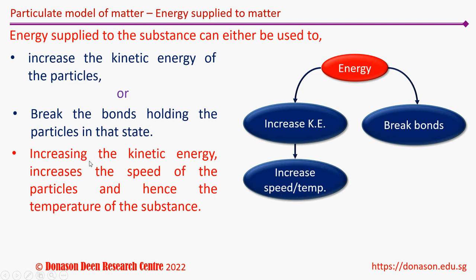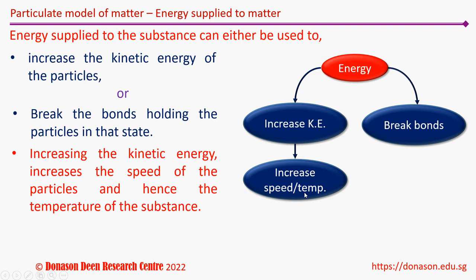So increasing the kinetic energy, of course, when it has a higher kinetic energy, it's going to increase the speed. And as we have seen earlier, when the speed becomes greater, the temperature also becomes greater, because temperature is an indication of the speed of the molecules.